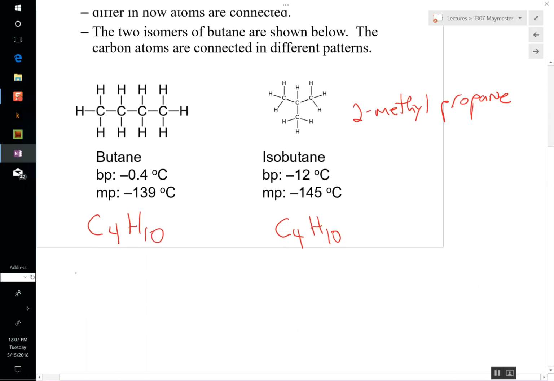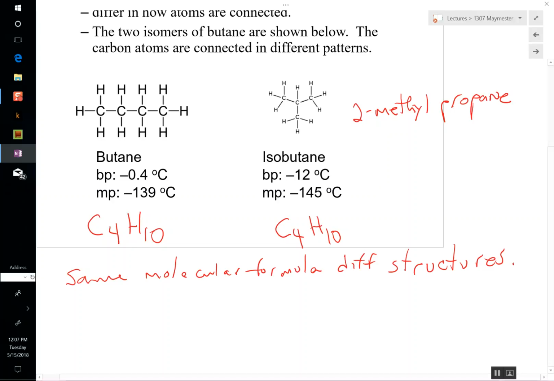Isomers: same molecular formula, different structures. Isomers. All right.